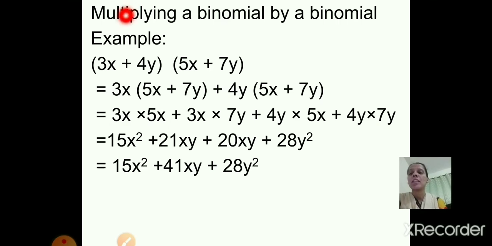In this example, 3x plus 4y is the first algebraic expression which is binomial, and the second algebraic expression is 5x plus 7y. So we will do the multiplication of binomial by a binomial. Now how to do this, that I will explain.